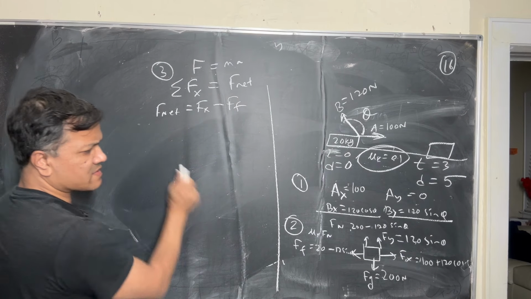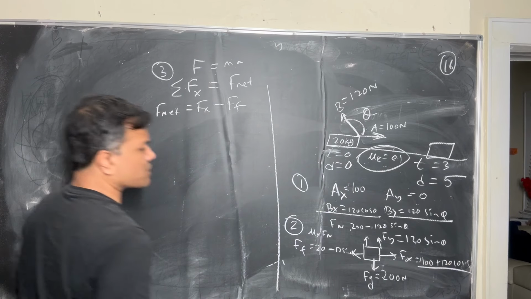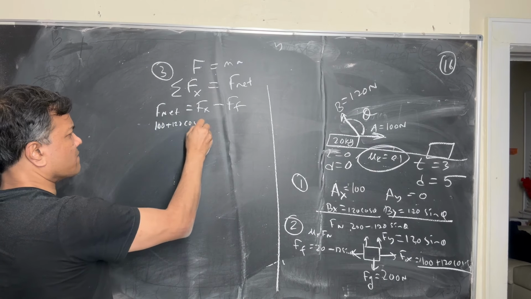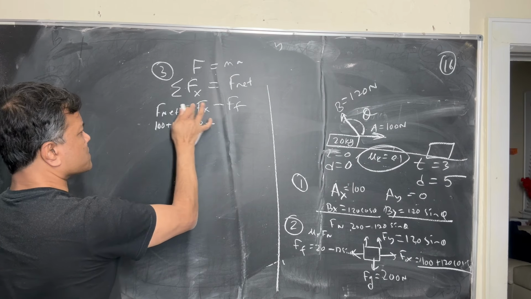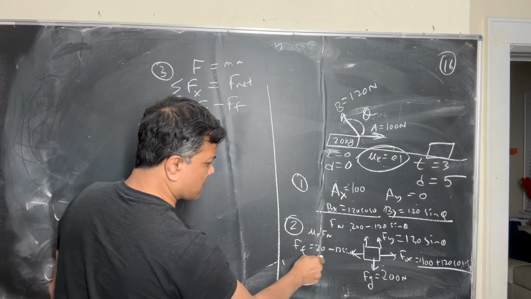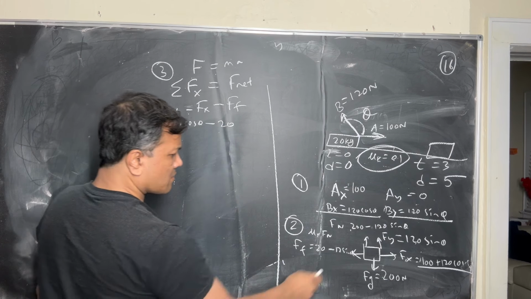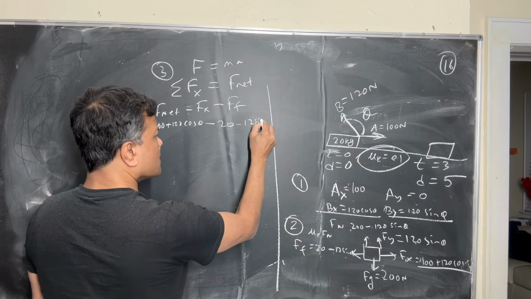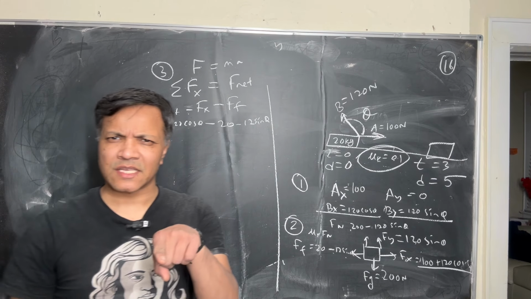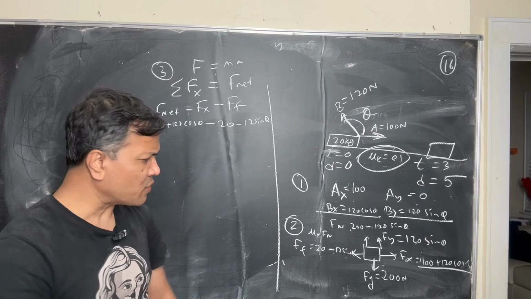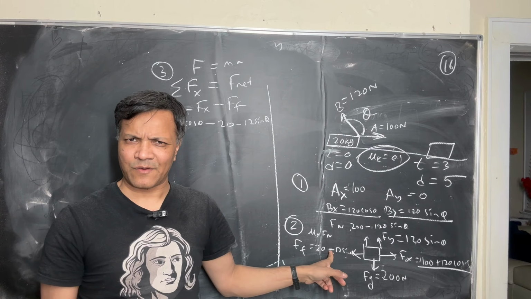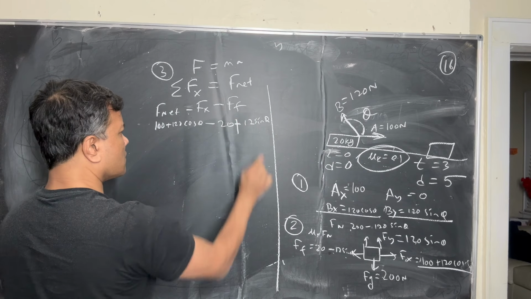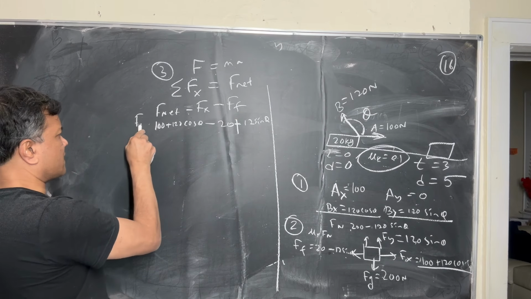What is Fx? 100 plus 120 cosine theta, minus 20 minus 12 sine theta. You notice I made a mistake intentionally, to put emphasis on forgetting to distribute the negative sign. Okay, so this is our F net.